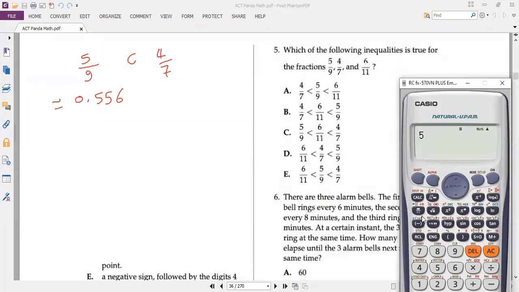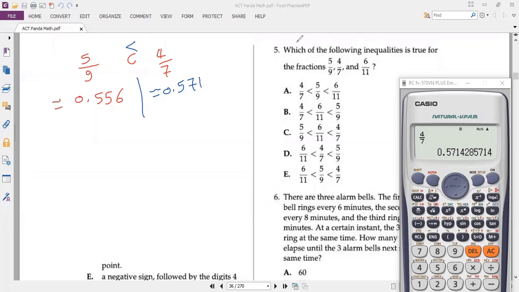It looks the same, but very close, I will write it in a better way, to 3 significant figures. So approximately 0.571. Now this is bigger than 5 over 9.